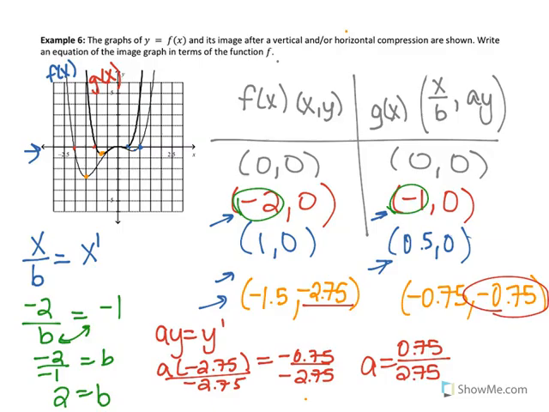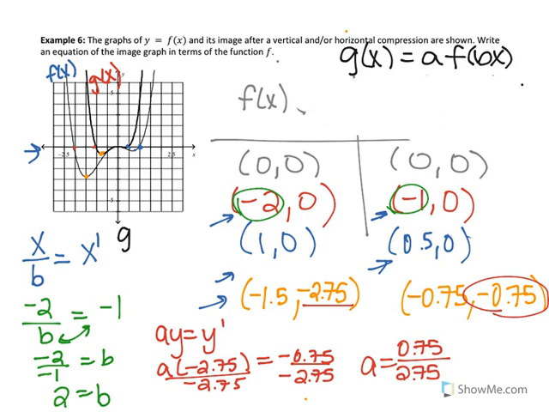So my image graph, we can plug it into the formula of g of x is equal to a f of b times x. There we go. So my equation would be, I don't know where to write this, I'll write it up here.